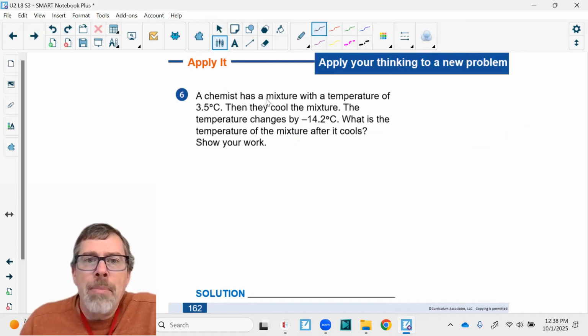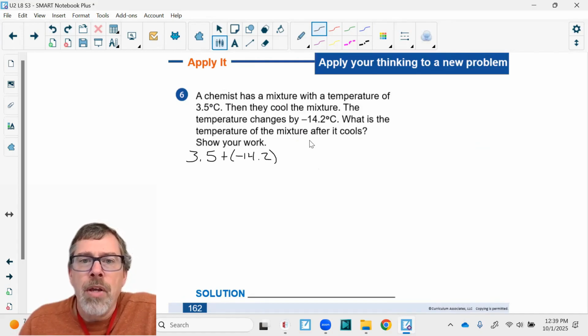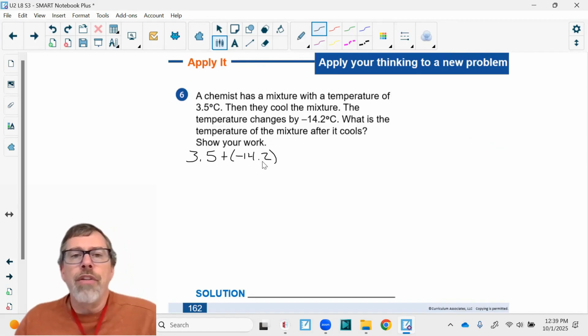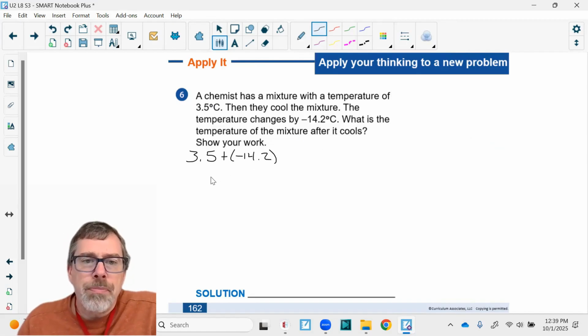It says a chemist has a mixture with a temperature of 3.5 degrees Celsius. Then they cool the mixture. The temperature changes by, so we're going to add a negative 14.2 degrees Celsius. What is the temperature of the mixture after it is cooled? So we're just going to follow that previous procedure, and we're going to split the decimals away from the whole numbers, the integers.